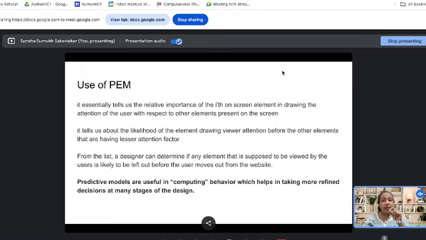Right now the user is viewing like this. What will be the next possible element that the learner will focus on in the screen? Once I know that, I can place my most important information that I want the user to capture at that particular location. So that is the purpose of this.